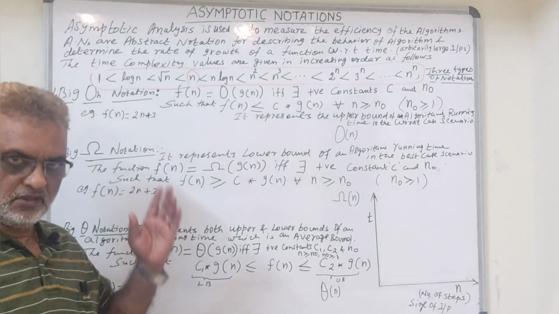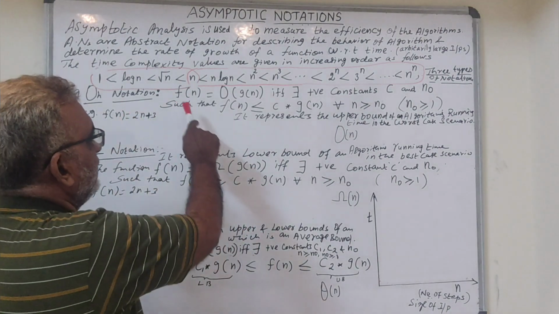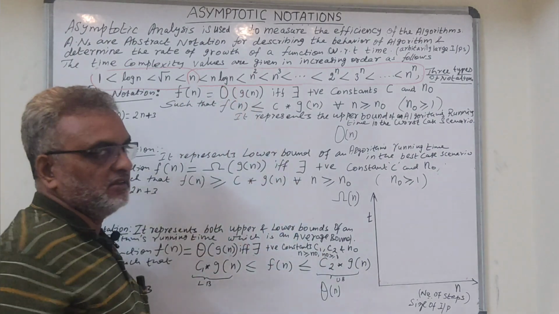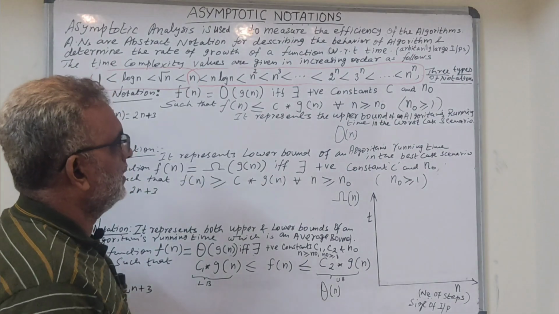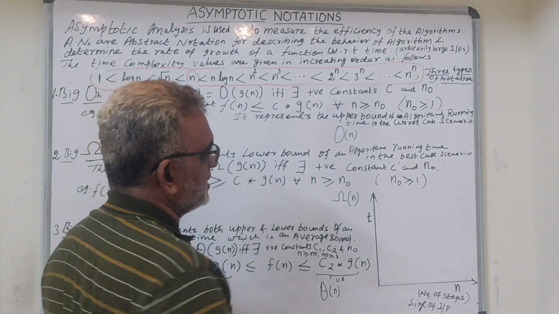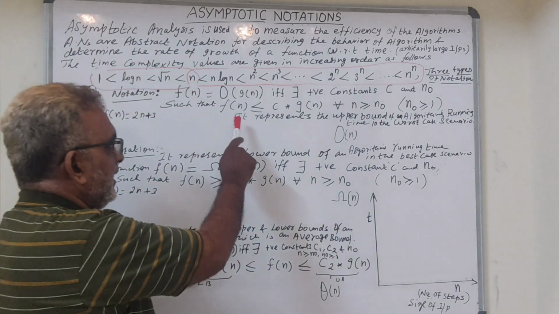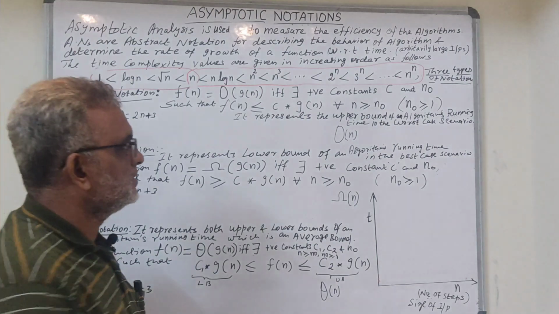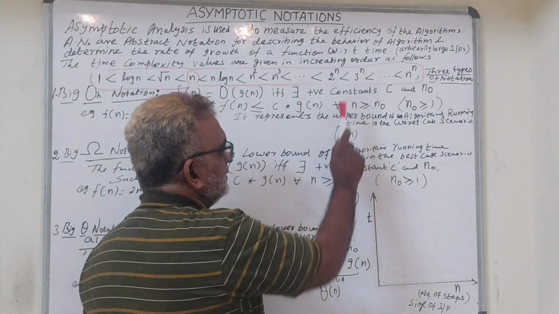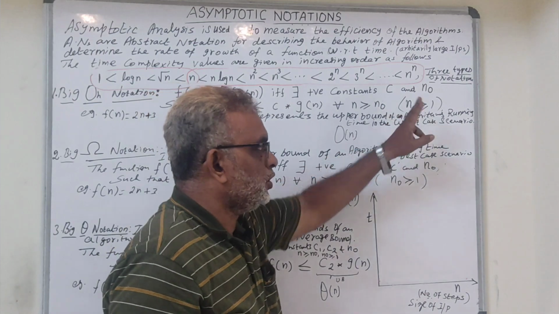Let us start with the big O notation. The big O notation can be defined as f of n is equal to big O of g of n, where g of n is a differential function, if and only if there exist positive constants c and n naught such that f of n is less than or equal to c into g of n for every value of n greater than n naught, and this n naught must be greater than or equal to 1.